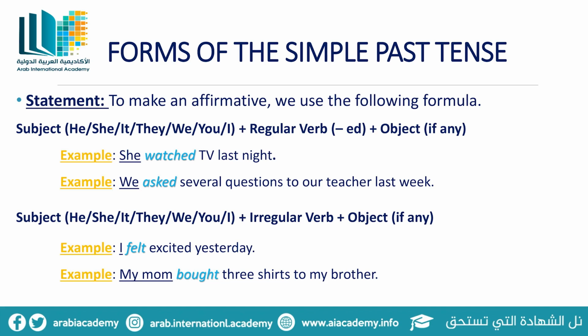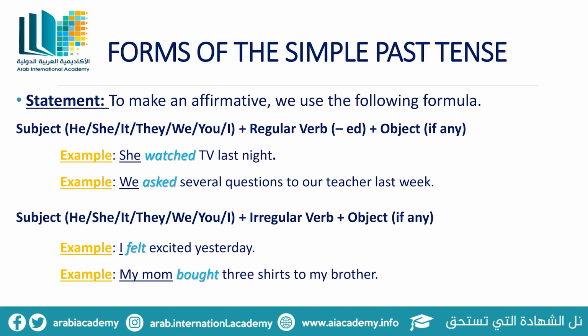Now, what about if the verb is irregular? How should it be changed in the simple past tense? If the subject is he, she, it, they, we, you, or I, the irregular verb should be changed. Then we add the object. For example, I felt excited yesterday.